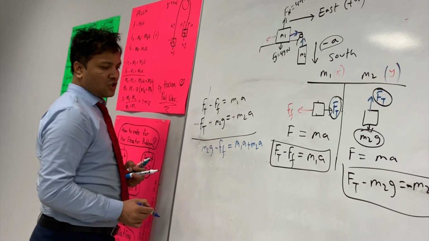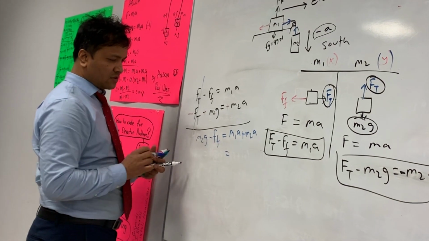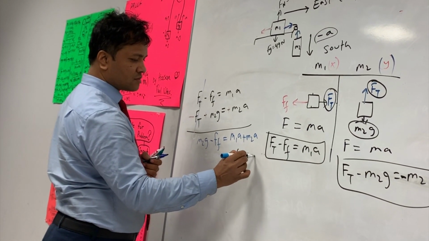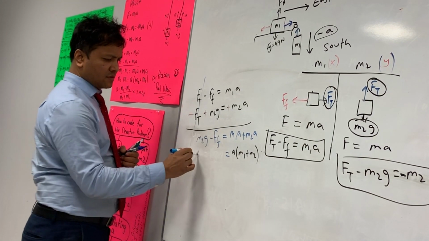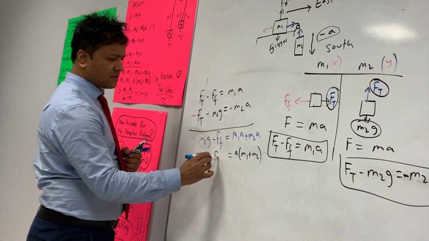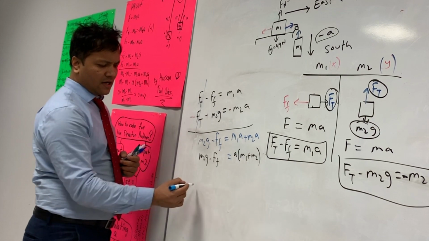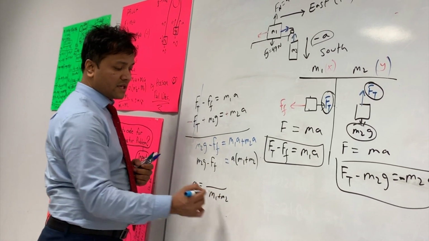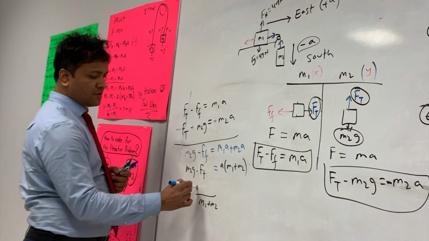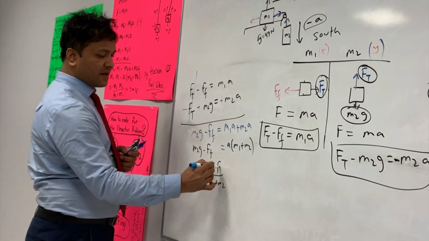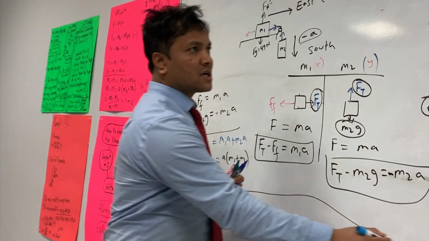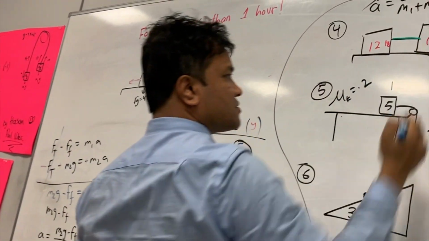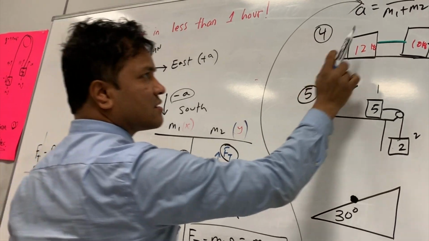Now I have the common factor a, (m1 plus m2), and here m2g minus Ff. So I will solve it for a, because that's how we get the acceleration: m2g minus Ff over (m1 plus m2). This equation is a whole lot like the earlier equation, except for the friction, because we considered no friction over there.